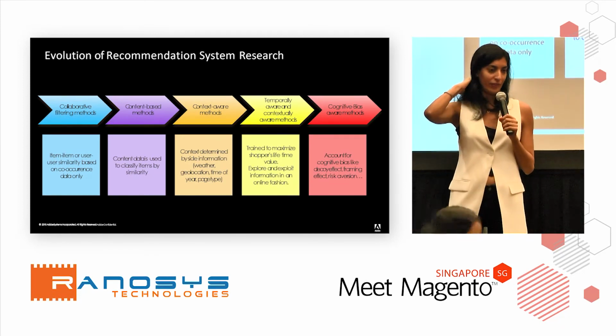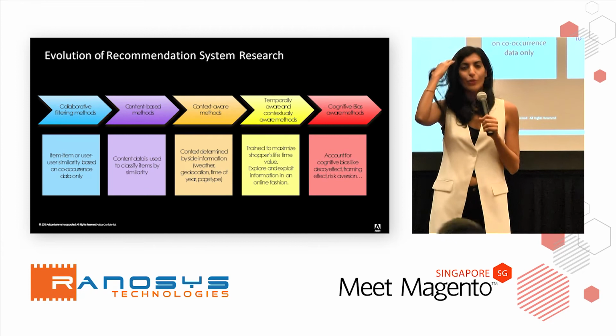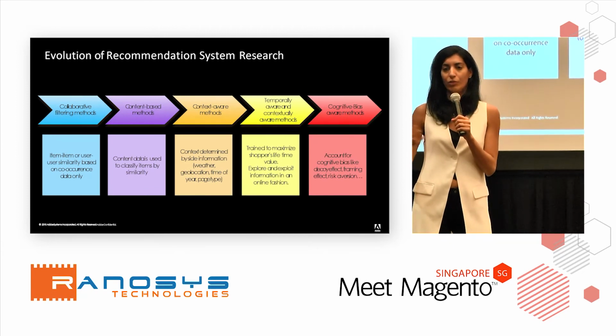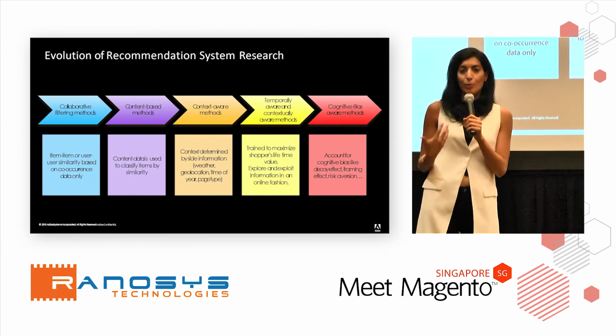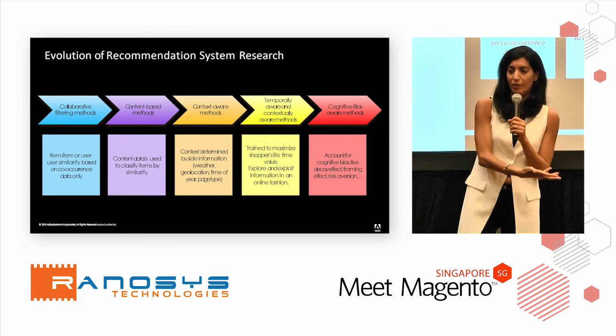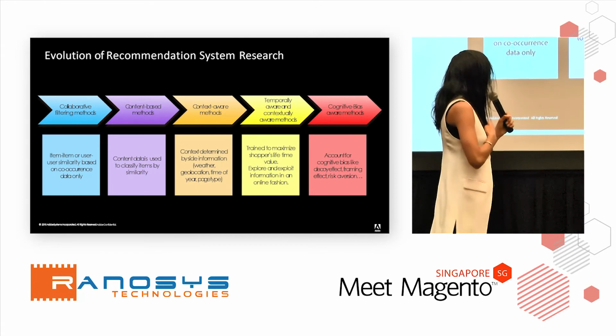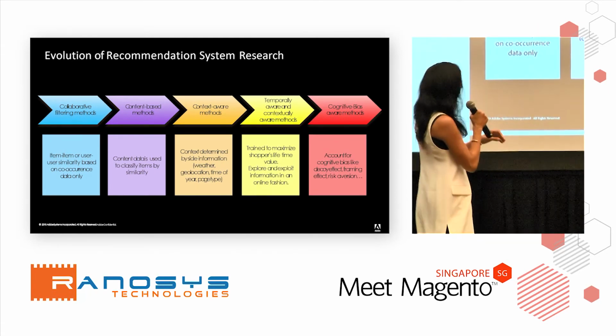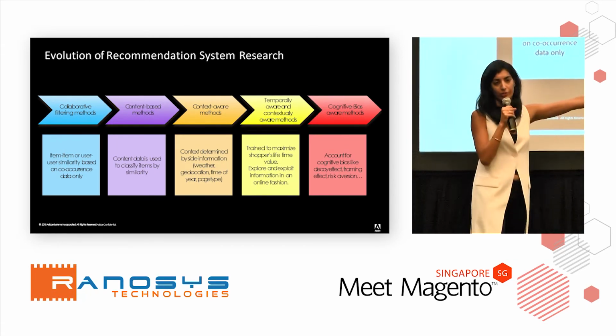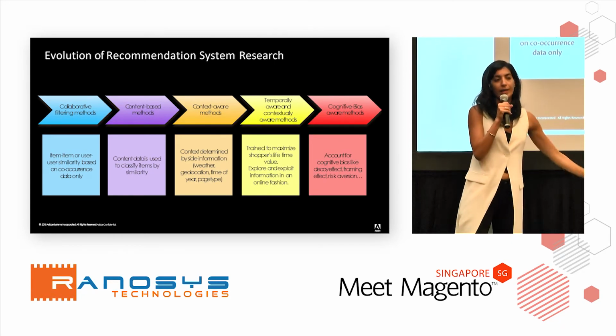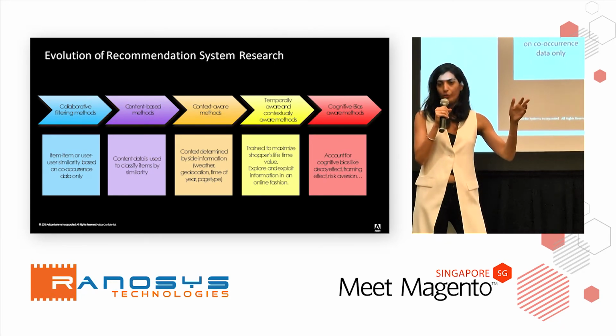The question was, do current recommendation systems take into account human cognitive bias when they model human behavior? They don't. So this is sort of the evolution of recommendation systems, more in the research field.